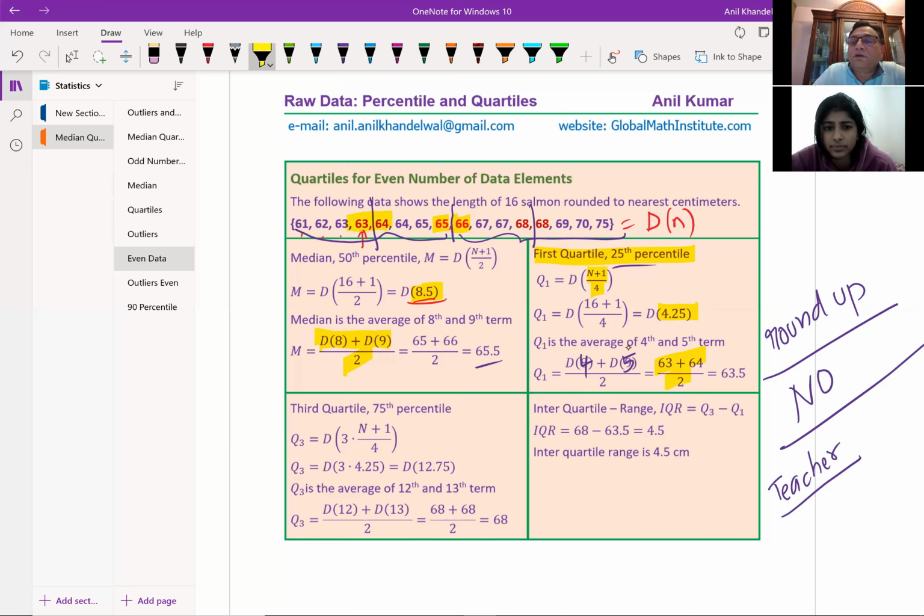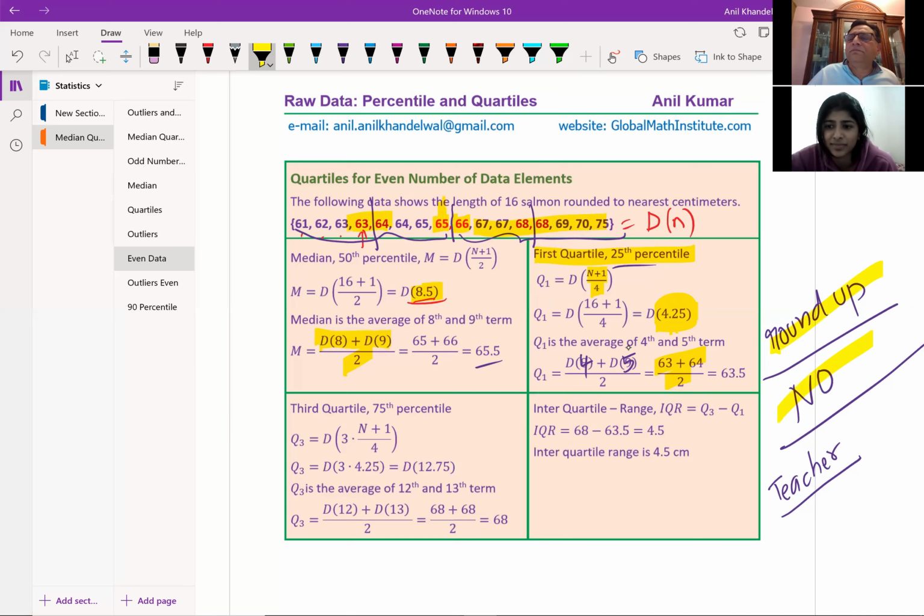Now, don't do that. Some say 4.25 is closer to 63 and therefore 63 is your answer. No, it is not. Imagine if you would have selected one of these as your median, then your data on the left and right is distorted. That defies the whole concept of the quartiles. Therefore, we do not believe in rounding up.